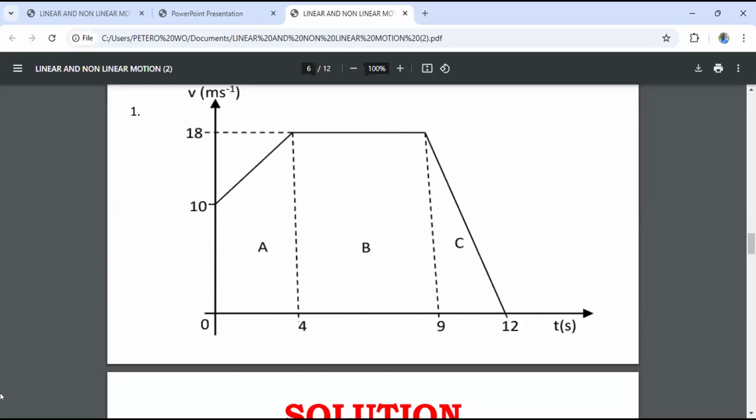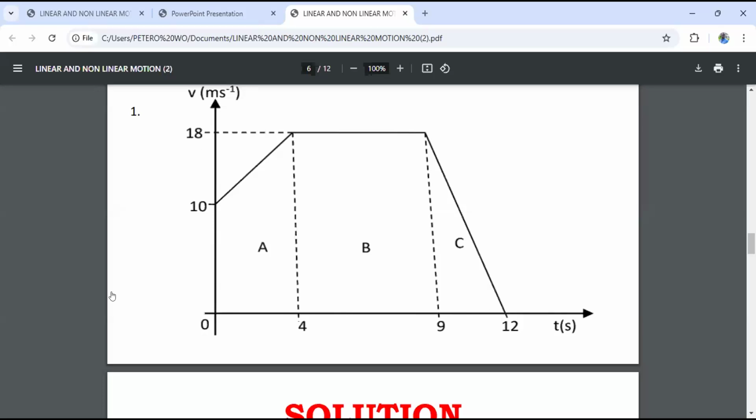You see that our body is coming from 10 meters per second to 18. Then it has a uniform velocity of 18, then a deceleration.